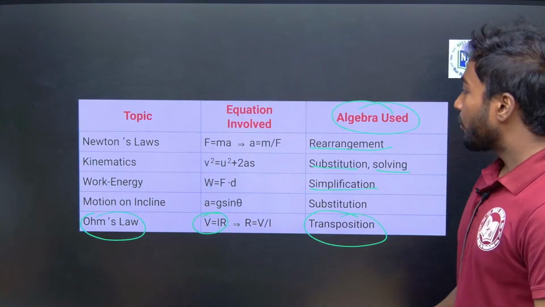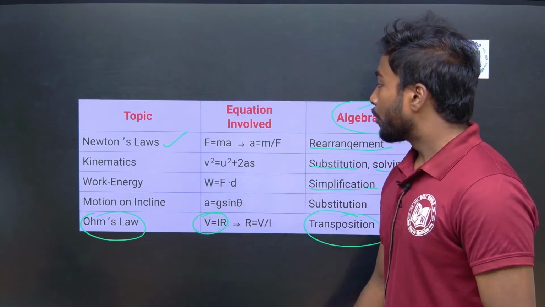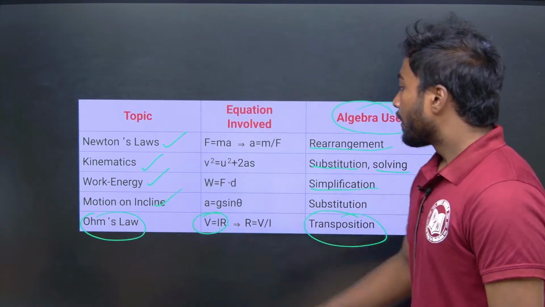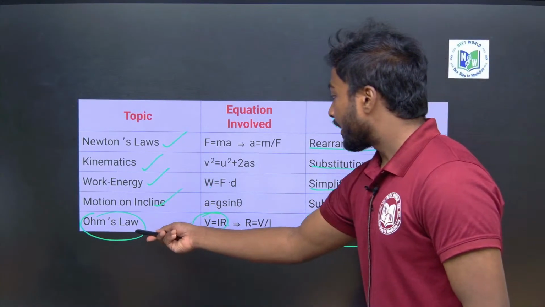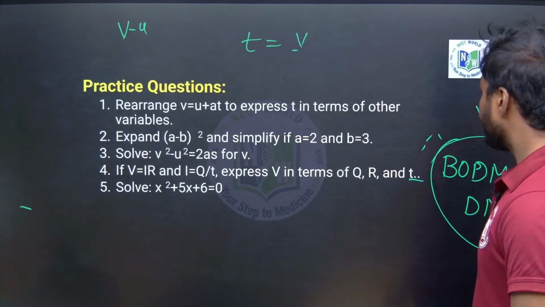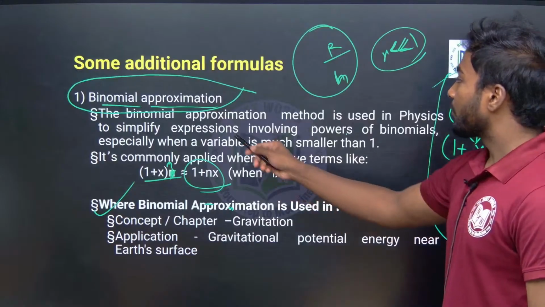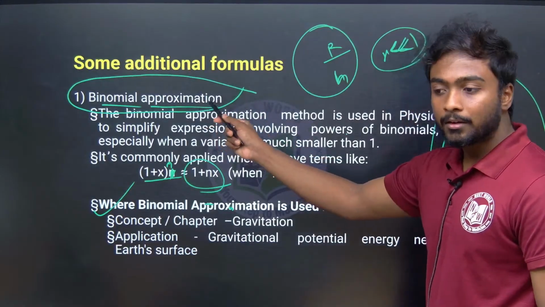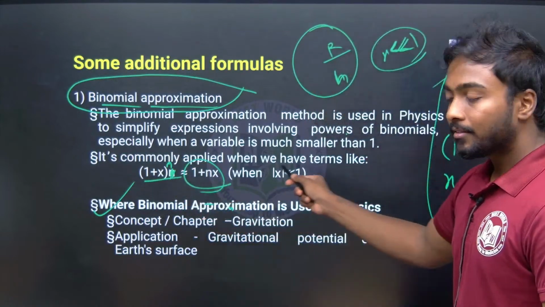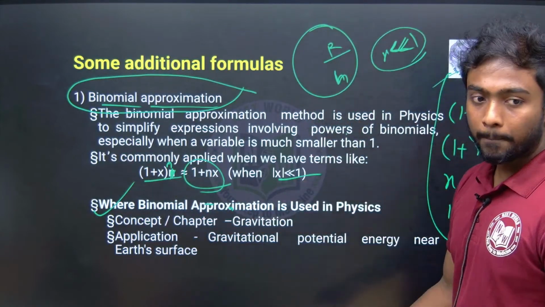Next, where we are using algebra: Newton's law, kinematics, energy equations, motion in a straight line or on an inclined plane, Ohm's law. Next, some additional formulas. One is the binomial approximation method. The formula is 1 plus x power n, where x is much less than 1.